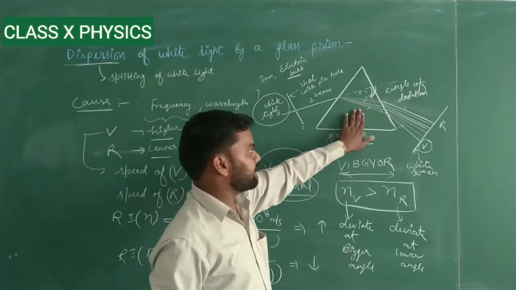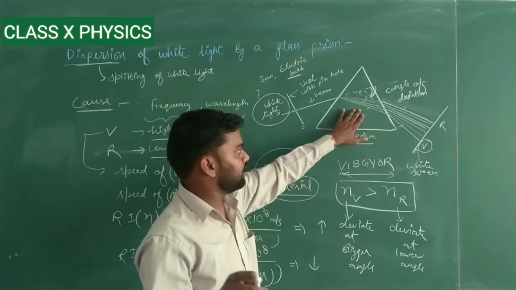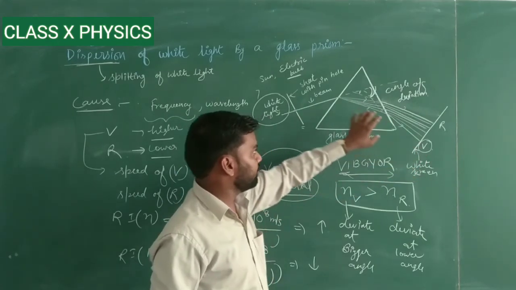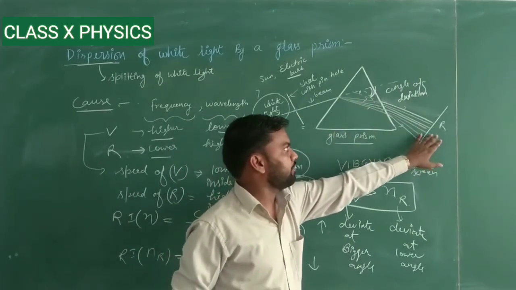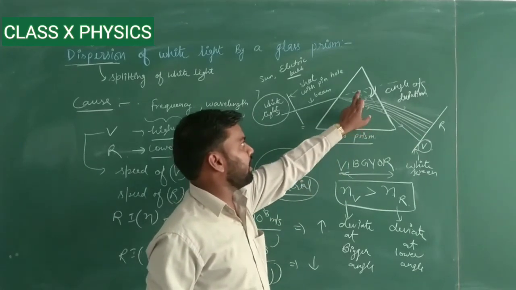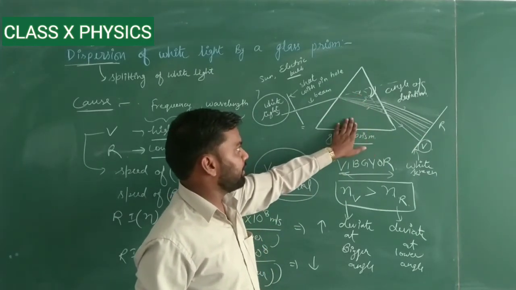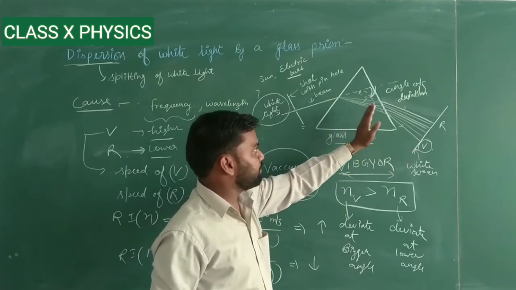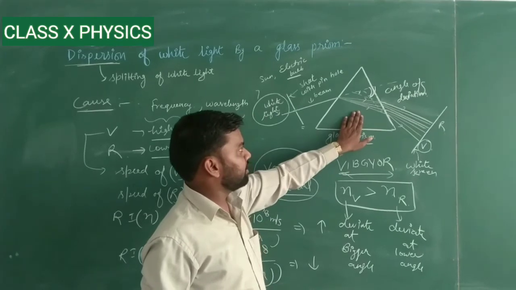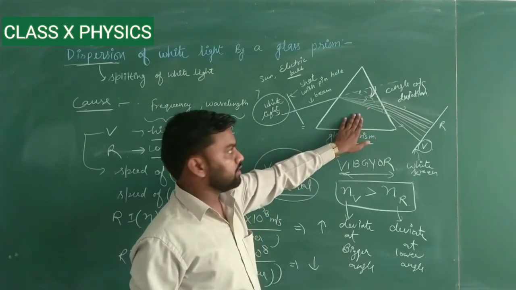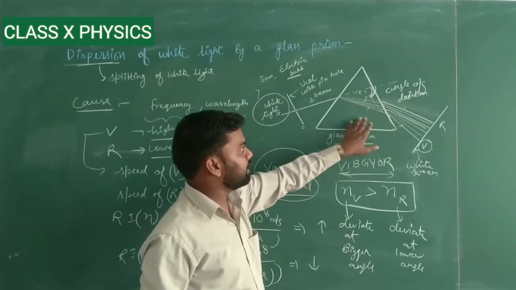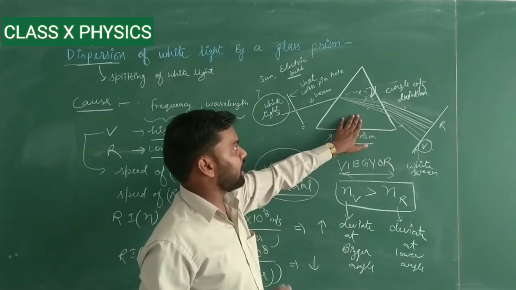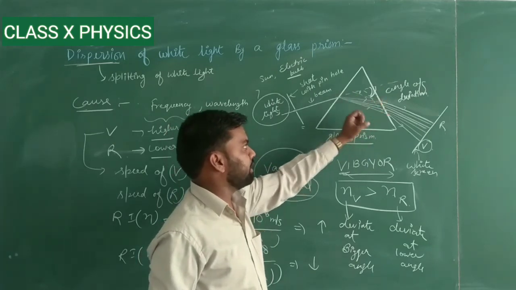The violet color has the lower value of speed, and the red color has the higher value of speed inside the prism, which in result makes different angles. If the speed of a color inside the prism is lower, then the angle of deviation will be higher, and if the speed of light inside the prism is higher, then the angle of deviation will be lower.